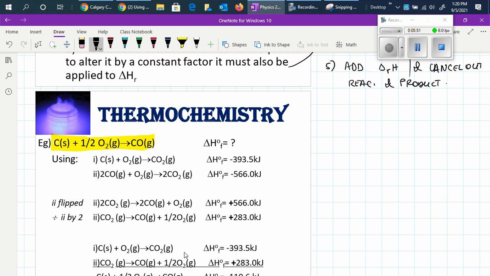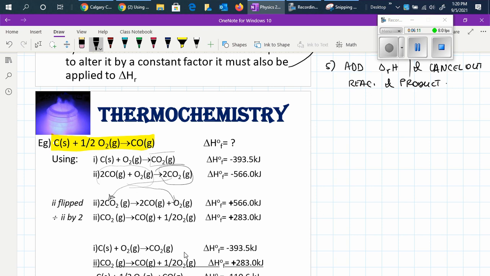So what we do is flip the second one. By flipping the second one, whatever is on the reactant side becomes a product, and whatever was a product becomes a reactant.